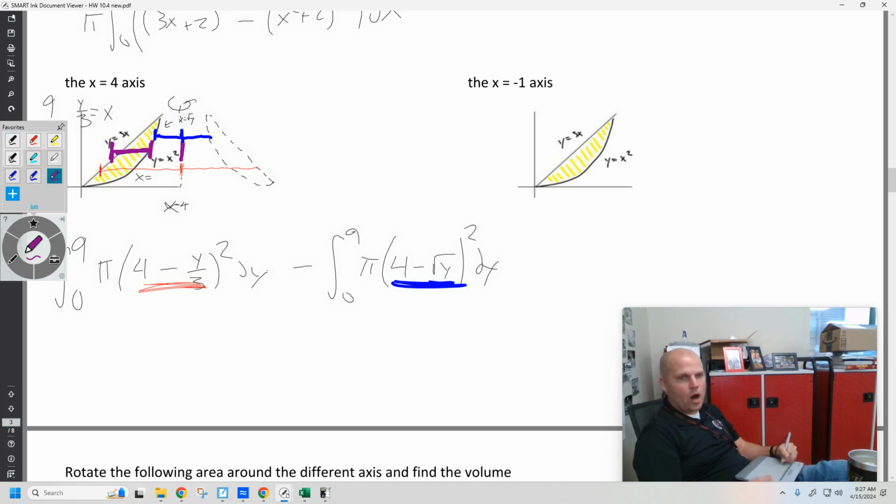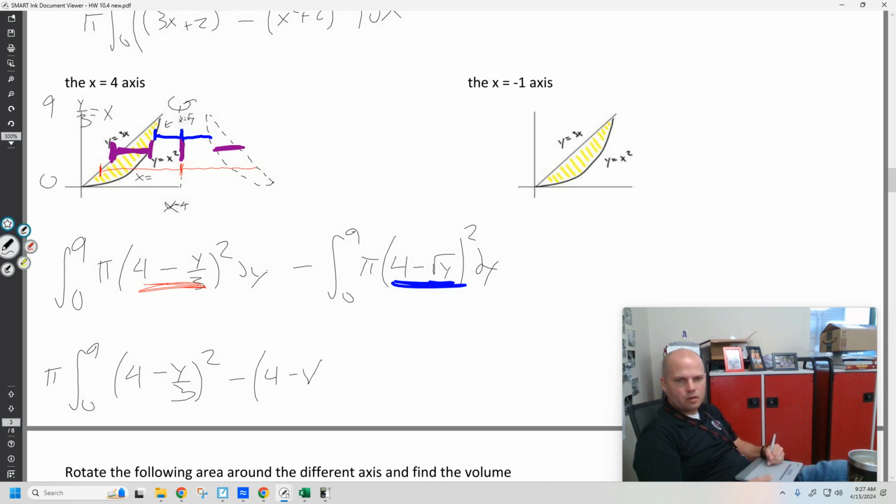If I were to do the washer approach, here's that rectangle getting spun over here. Here's the radius to the outside, 4 minus x equals y over 3. I'm going to factor out the pi. And then middle to the inside, you get that.